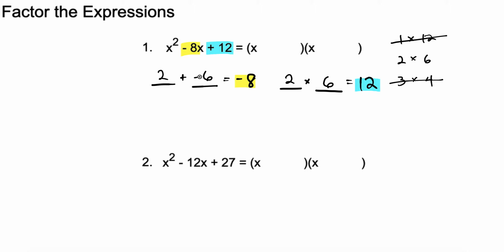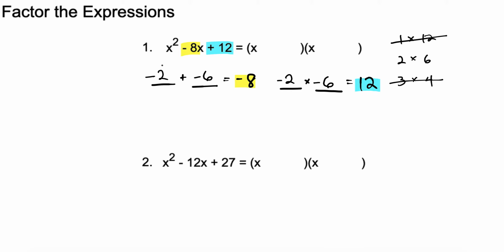So I'm actually going to make these two numbers negative. So -2 plus -6 gives us -8. And if we want to check our work, -2 times -6 also gives us +12. Negative times negative is equal to positive, and 2 times 6 is equal to 12.